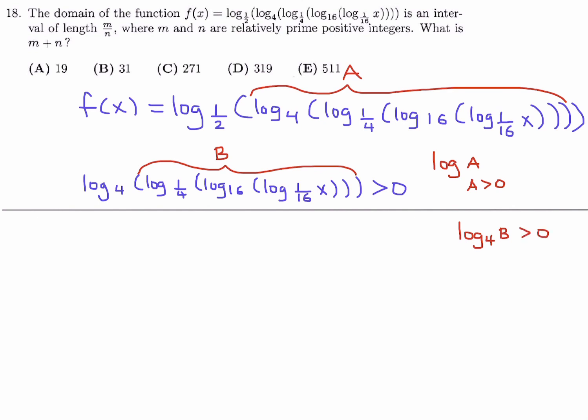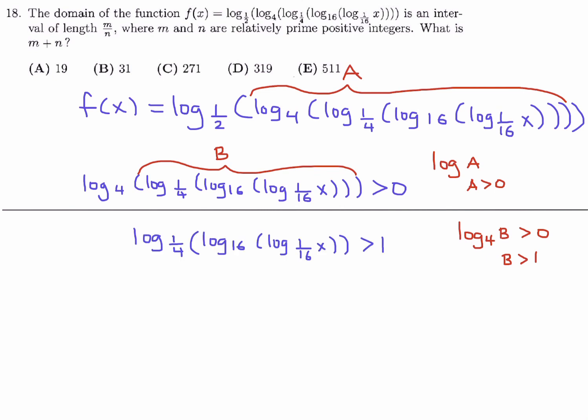And if that is 0, that means that b must be greater than 1, based on basic log rules. If you're not sure about that, go back and review your log rules. It's basically the fundamentals of logarithms. So that means we now conclude that this whole thing that I've called b is greater than 1.